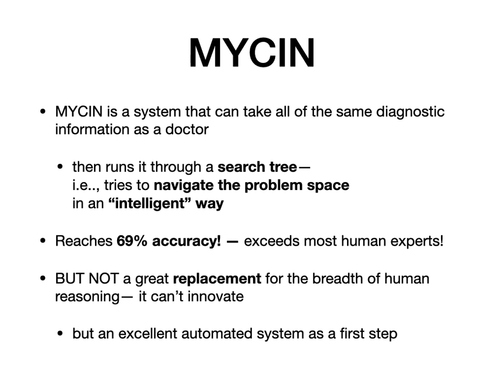It gets to 69% accuracy, which is pretty good because that actually outperforms most human experts. Now, that's not a great replacement for the breadth of human reasoning, right? It can't innovate. It can't pick up additional cues that might not be obvious, right? So the person comes to you and they're pallid and shaking, which are not things they've included on their diagnosis list.